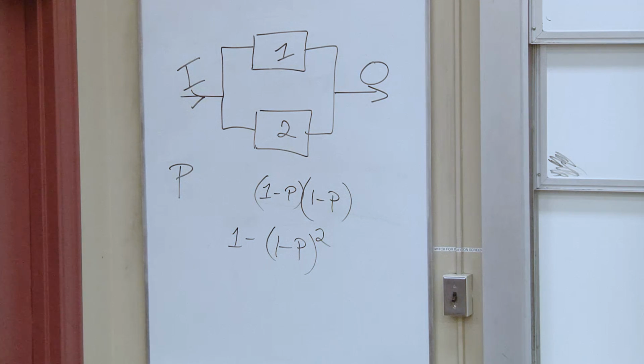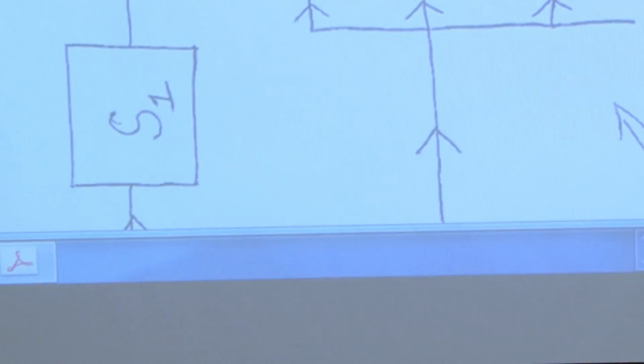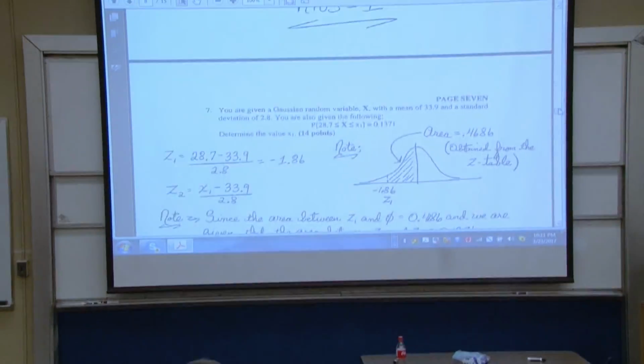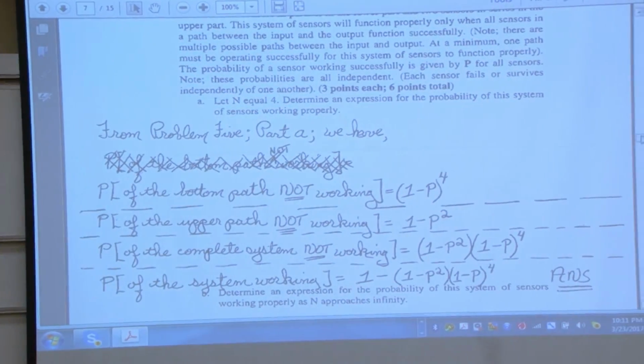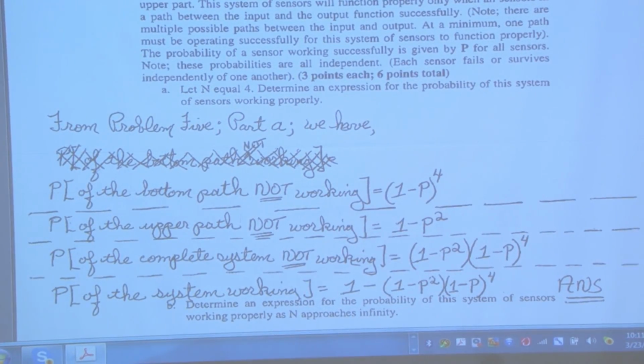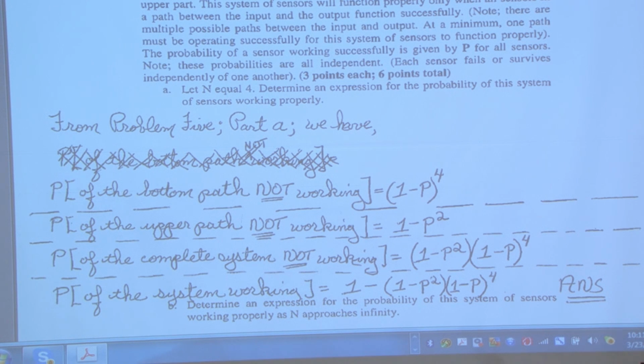Well, for the 4 in parallel, you'd get 1 minus p, the quantity to the 4th, and then to determine the system working, it'll just be 1 minus. Exactly. Since it's all in parallel, it's the quantity 1 minus p squared. Yes. 1 minus p to the 4th is the probability of the system working. Right. Chris, I think you said it right. As you can see, when I was writing this, I was getting a little confused.